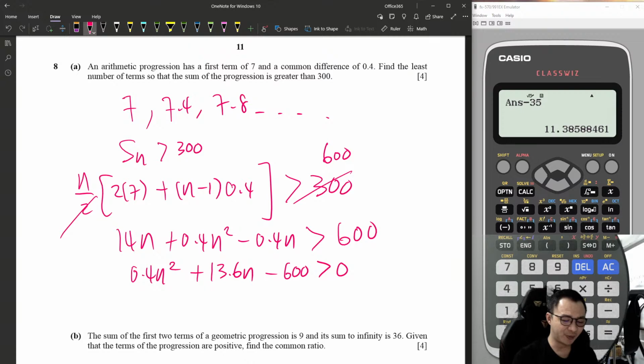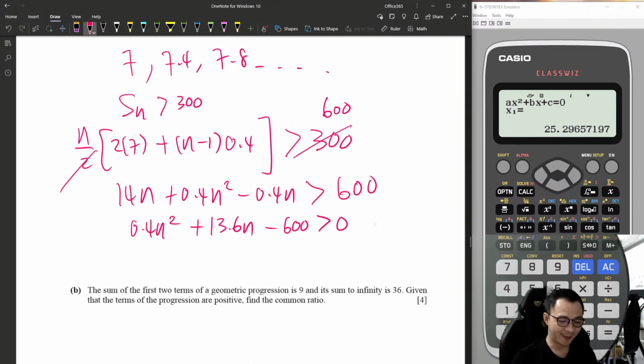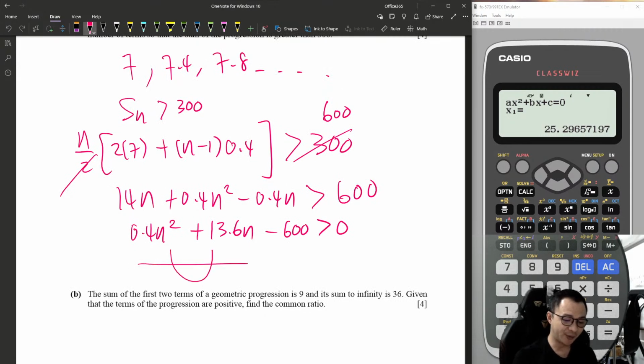We can use a calculator. We can multiply by 10 for the whole thing, but let's just use the calculator here: 0.4, 13.6, negative 600. Since it's quadratic, we will get two different values, and n must go to the outer sides. One will be 25.3 and one is negative 59.3.